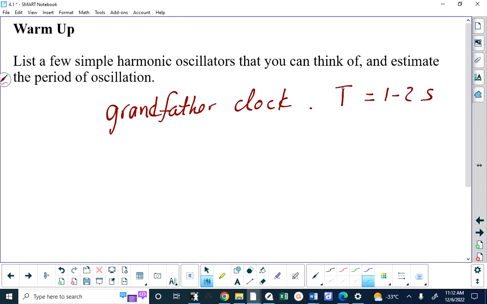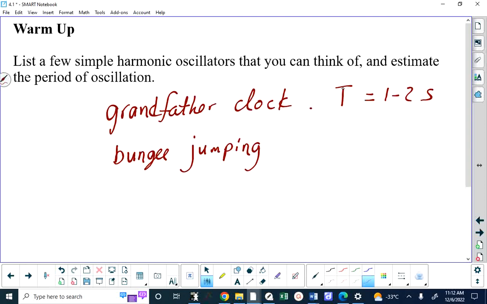What about some natural examples, not manufactured? Would a bungee jump cord be one? Bungee jumping? Sure. Now, when we say bungee jumping, not the part where you're falling, but the part where it extends and then for a little while you bounce up and down.